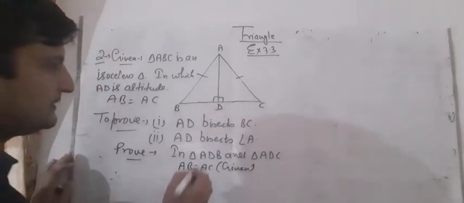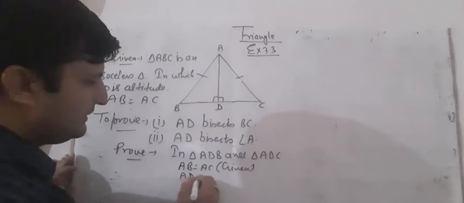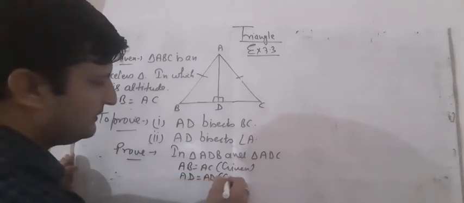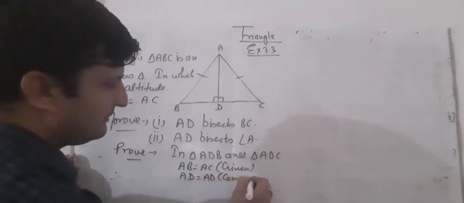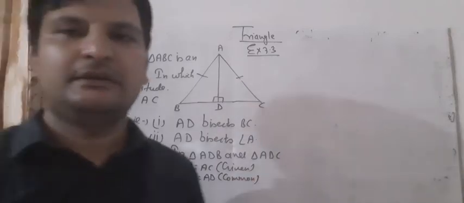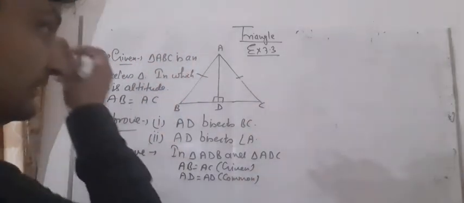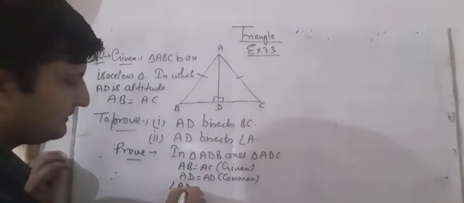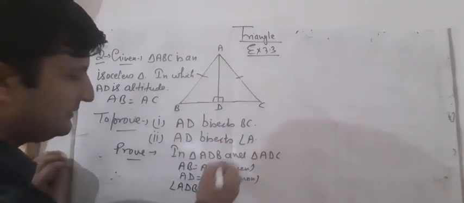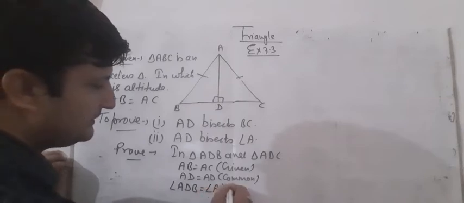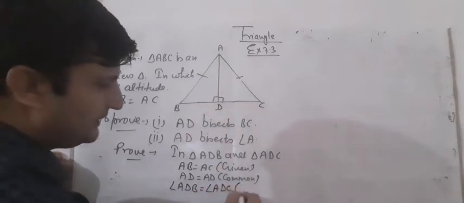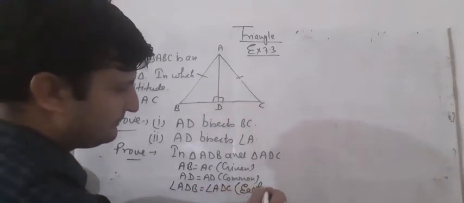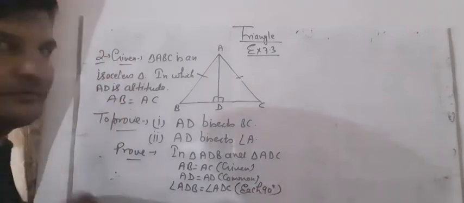And students, AD is equal to AD, it is common. And the other thing is, it is given that angle ADB is equal to angle ADC, is 90 degrees. So students, these 3 things are given.